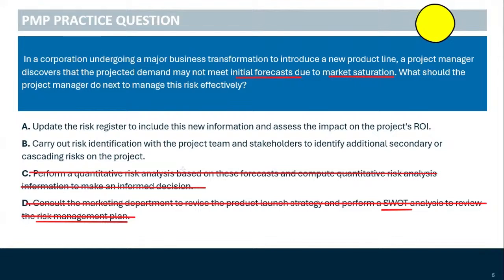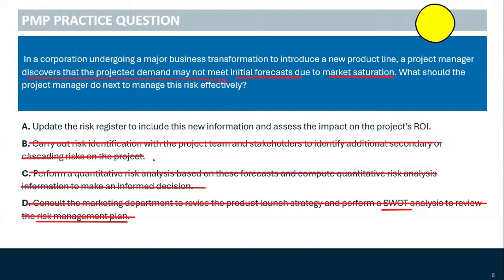So option B, carrying out a risk identification, is actually what the question is describing, because it said the PM discovers that the projected demand may not meet initial forecast. So that is actually what we're doing right now. So to say we do this all over again doesn't make sense. So we're going to cancel option B.